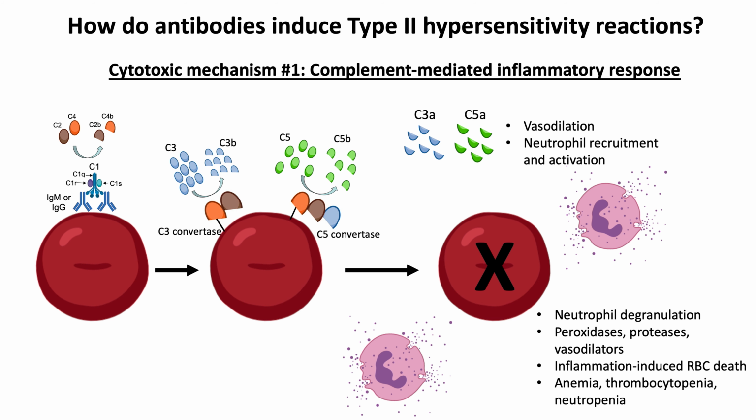And so in this case, C3a and C5a can recruit neutrophils and induce them to degranulate. These granules are full of peroxidases and lysozymes and proteases and vasodilators, all sorts of goodies that we've talked about before. And the ensuing inflammatory response can induce death of the red blood cell. And this can lead to anemia, or if those antibodies attack platelets or neutrophils, it can lead to thrombocytopenia and neutropenia.